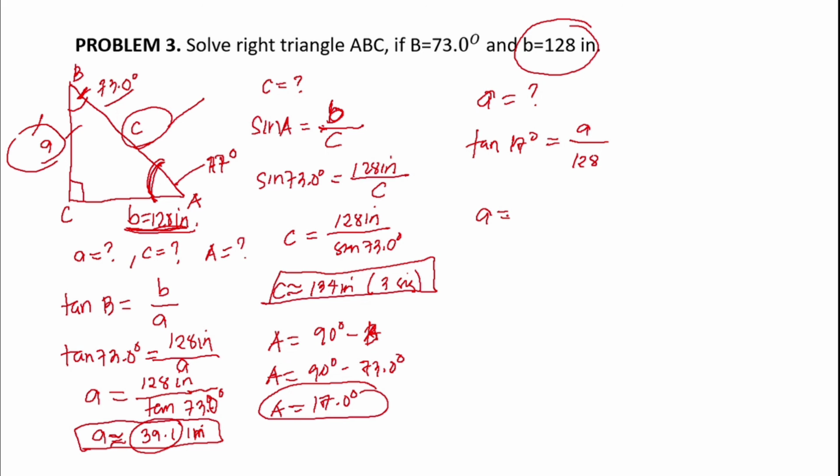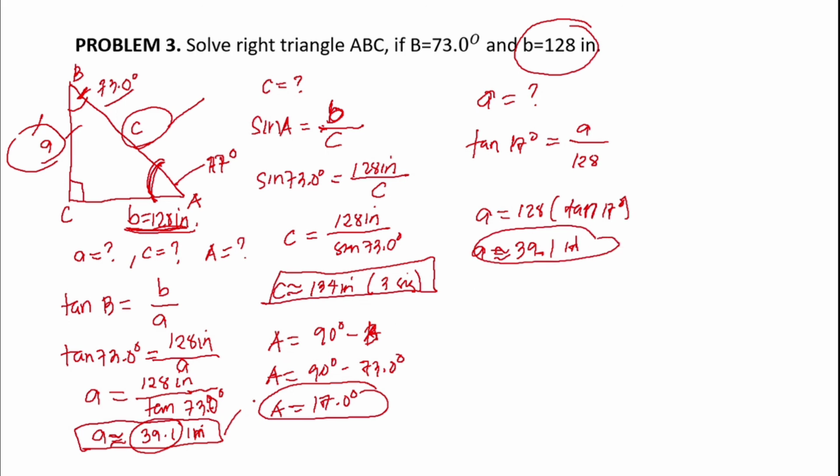Tangent is opposite over the adjacent, so a over B. So we have a equal to 128 times tangent 17 degrees. If we calculate that one, the result is approximately 39.1 inches.